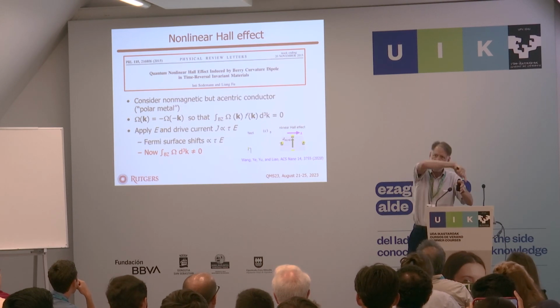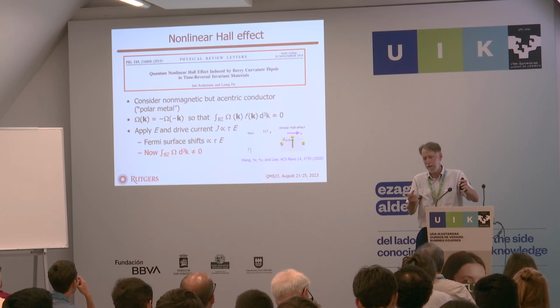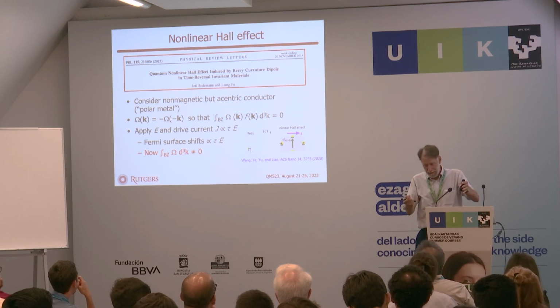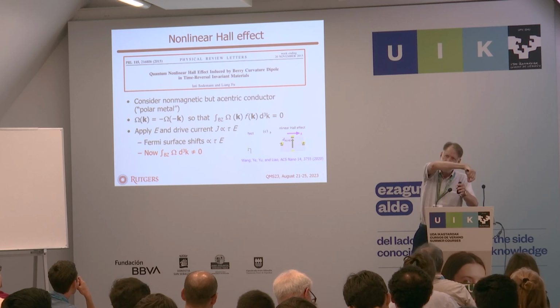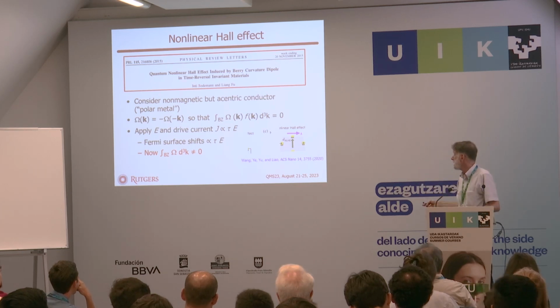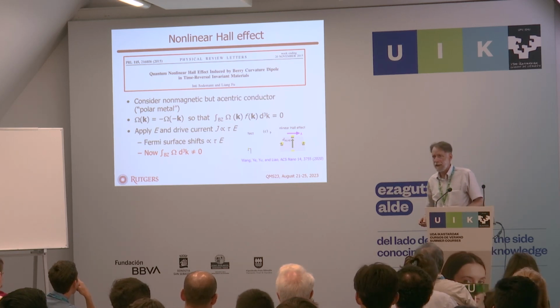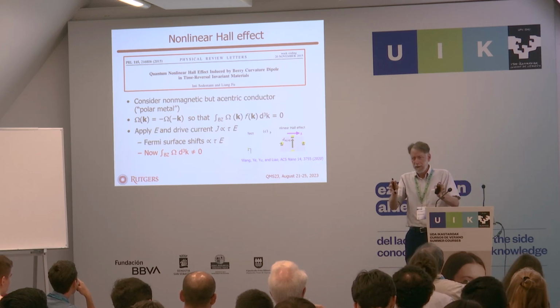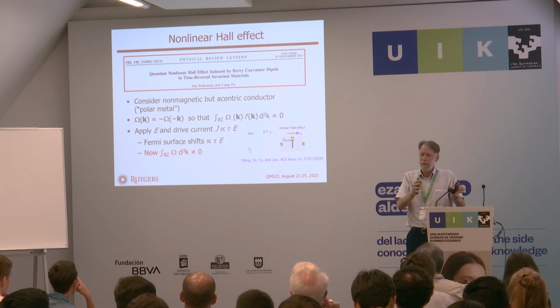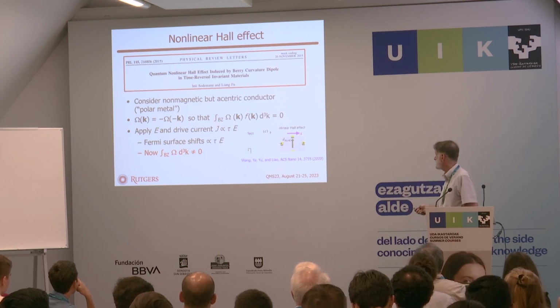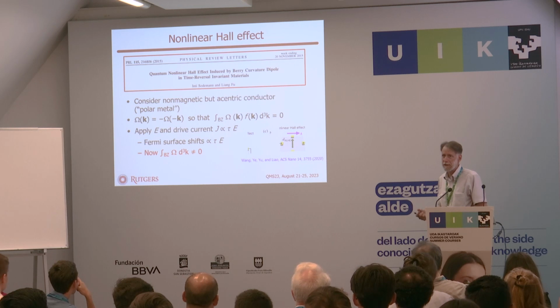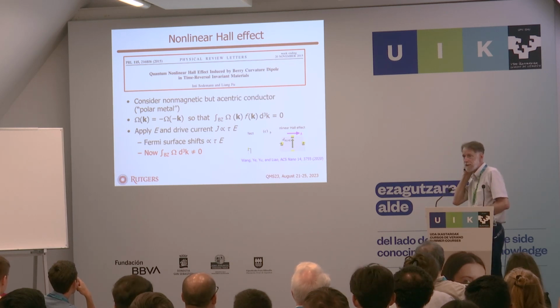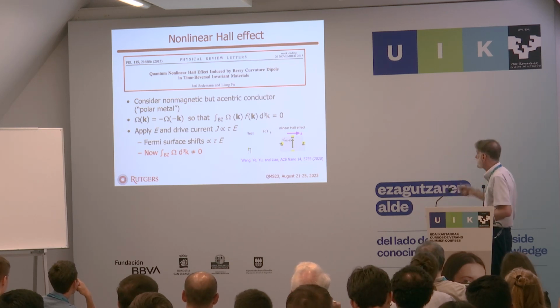Then there's a scattering time at which carriers at the right side of the Fermi sea get scattered back to the left-hand side, and you establish a dynamic equilibrium in such a way that the Fermi sea is shifted a little bit in reciprocal space by an amount that is proportional to tau, the scattering time, the relaxation time that's in your Boltzmann transport theory.